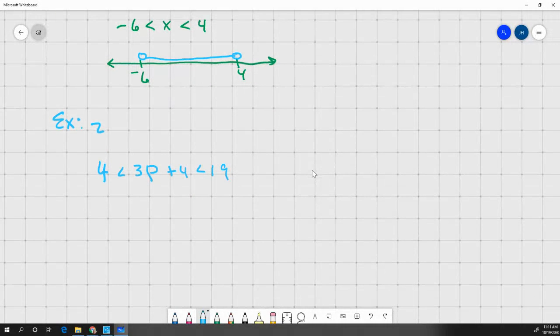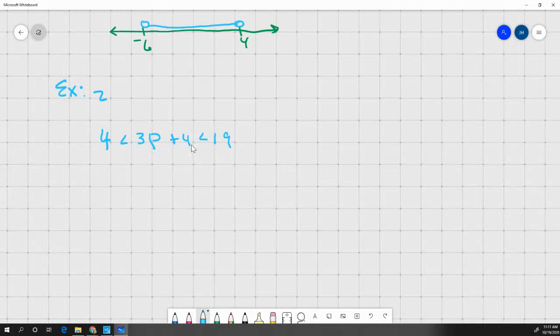So the first thing I want to look at is this plus 4. And now when I go to remove it, I want to subtract 4 from here, but I also need to do it from this side and this side, right? We're doing two problems, but kind of at the same time. So this becomes 0 less than 3p less than 15, right?